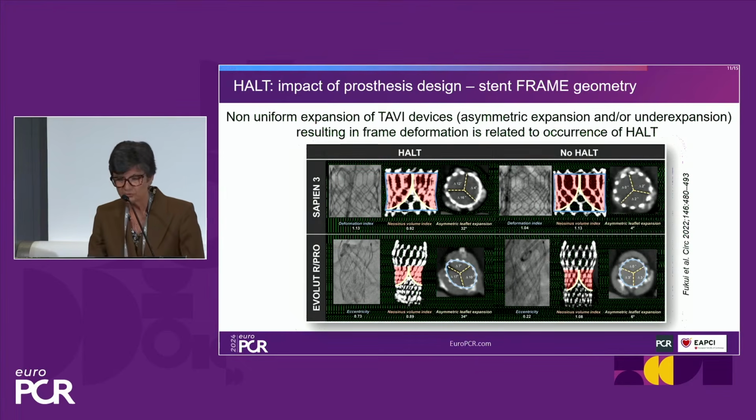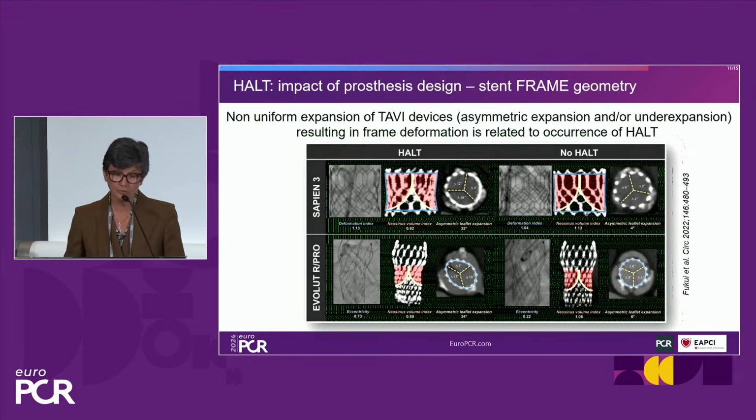Another aspect of the possible impact of the prosthesis design on the HALT is the stent frame geometry. And these data are coming from a nice series from one center showing that a non-uniform expansion of the TAVI device, asymmetric expansion and/or under-expansion, resulting in frame deformation, is related to the occurrence of HALT.